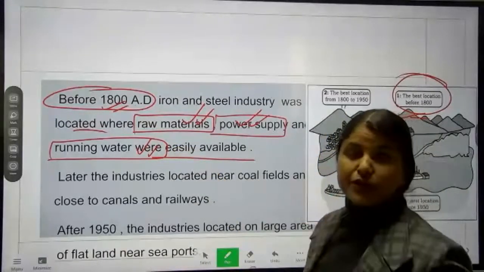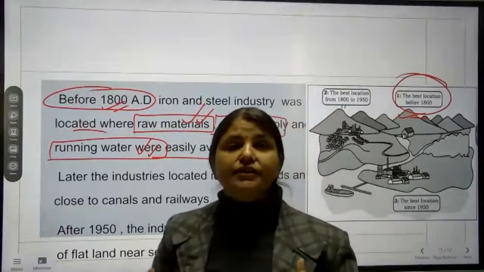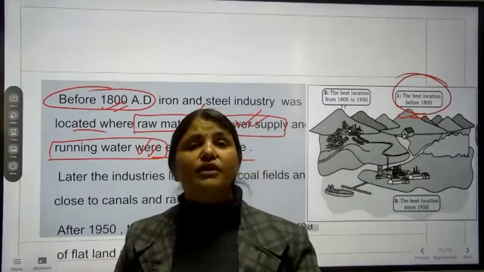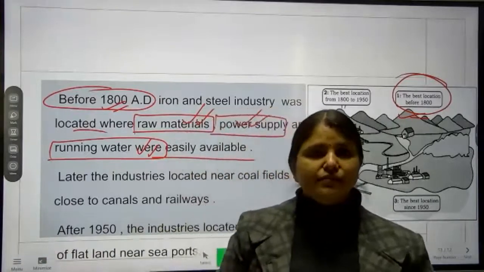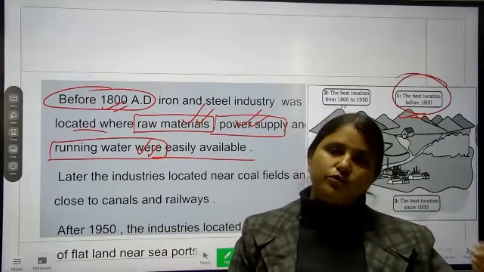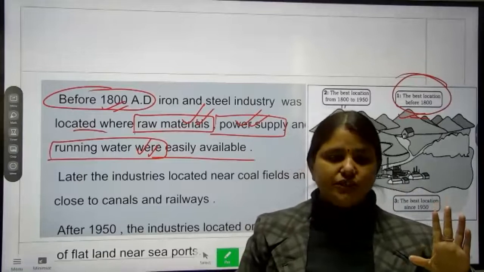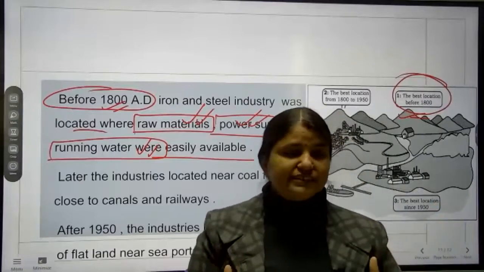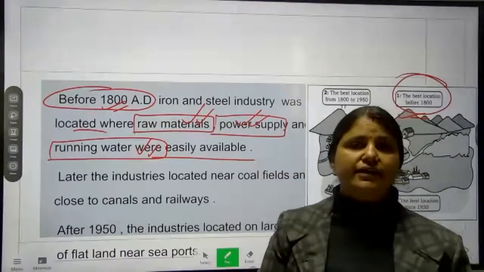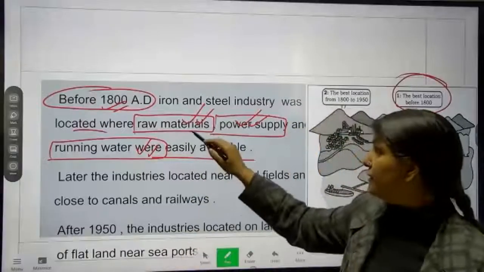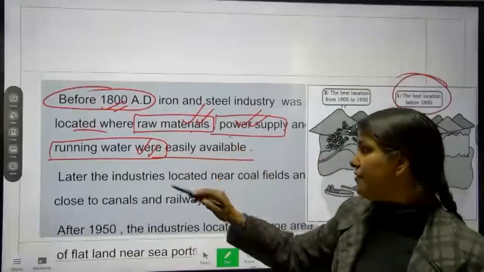When I explained the chapter, I told you the factors which are required to locate any industry; if some of the factors are available, we can establish our industry there. So before the year 1800, people located their industries where they got the raw material, power supply and running water.